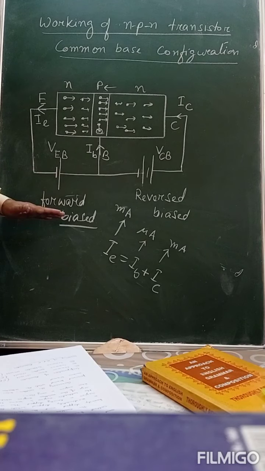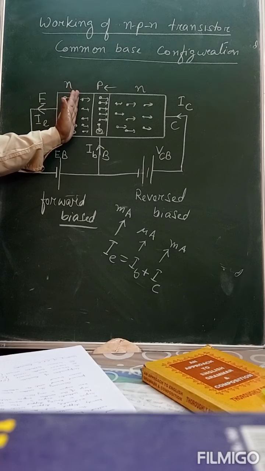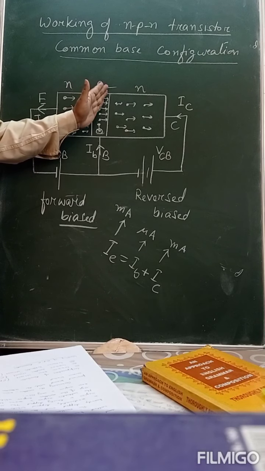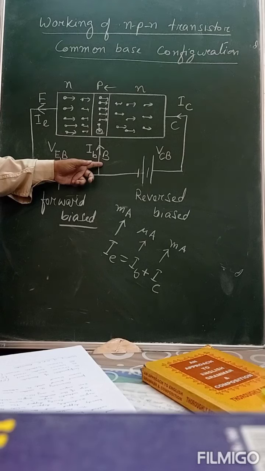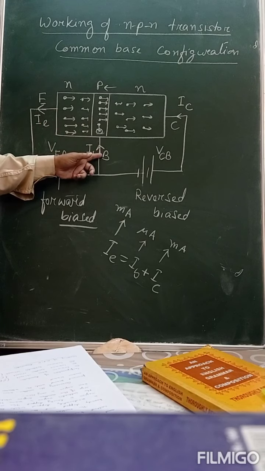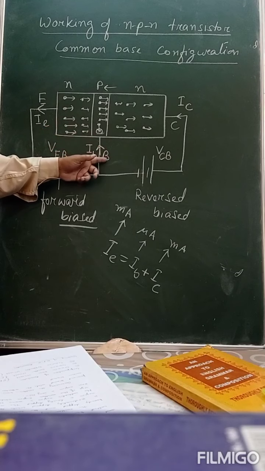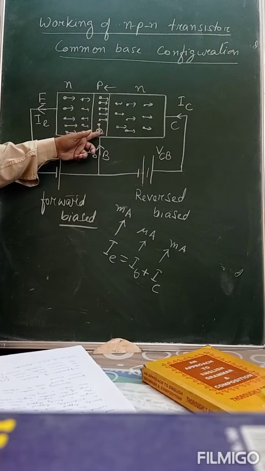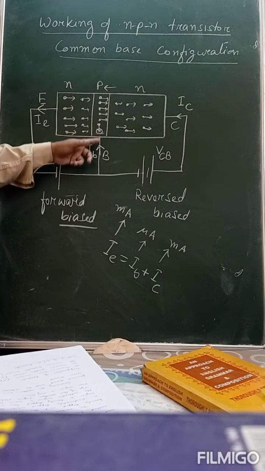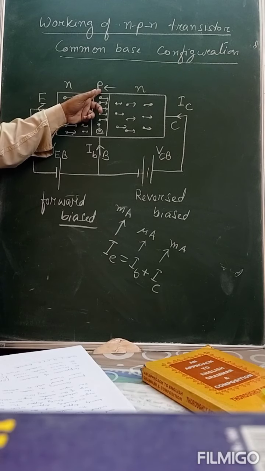Now, I repeat. N electrons move from n-type emitter to p-type base, since the emitter base junction is forward biased. Is it clear? Now, out of the 10 electrons, 1 electron is collected by a hole present on the p-type base. Why 1 hole? Because it is lowly doped.